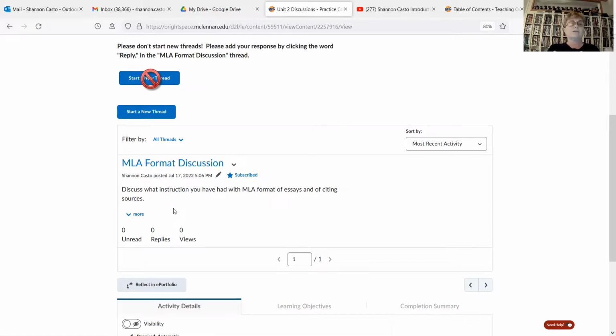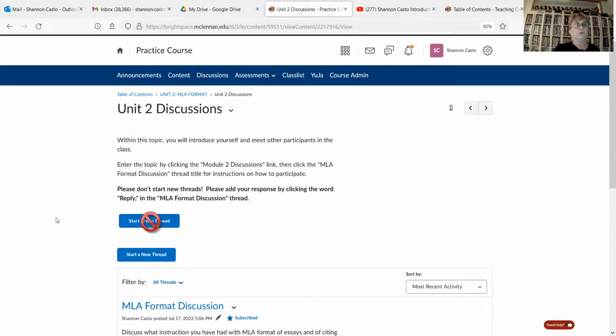So this lets me know if I have some people who have had no exposure, or if they're used to using APA or Chicago style, whatever, if they're just not used to MLA. So they will work on the discussion board.